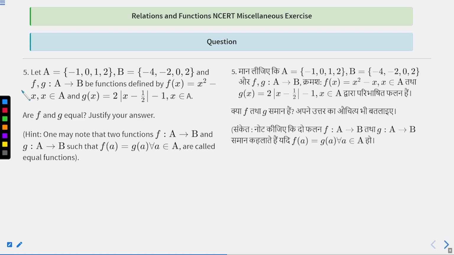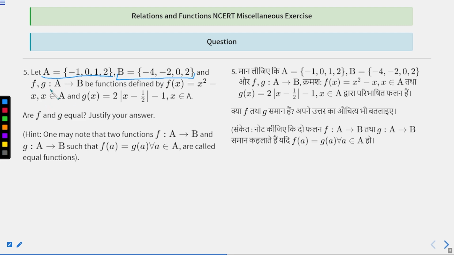So the fifth question says: let A be the set with elements -1, 0, 1, 2, and set B be the set with elements -4, -2, 0, 2.